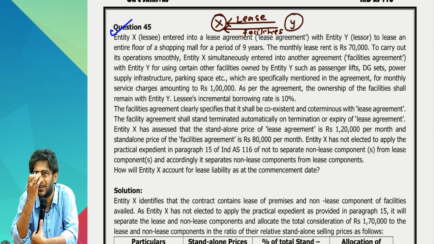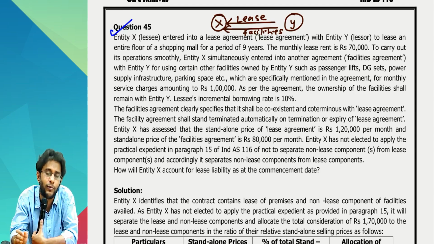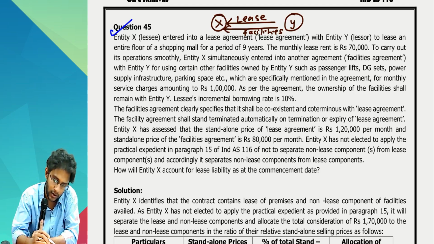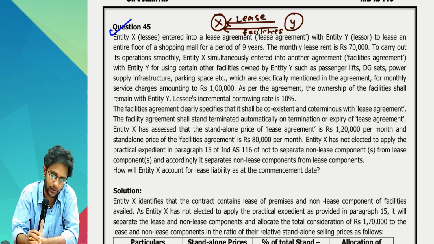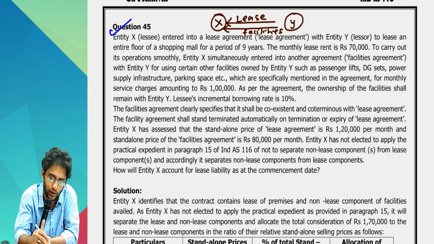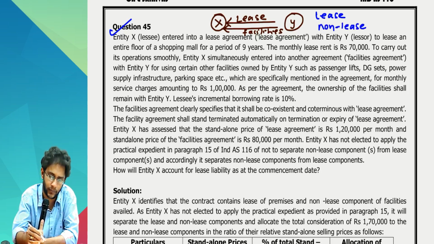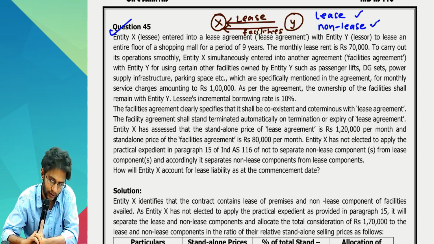Apart from that, there are some other services also which Y is providing to X, like power, DG backup sets, usage of lift, car parking space and all. For these also X is paying some amount, which is 1 lakh according to the contract. That means indirectly what should strike in your mind is there is a lease component, there is a services component which is called a non-lease component. Both exist in our contract.